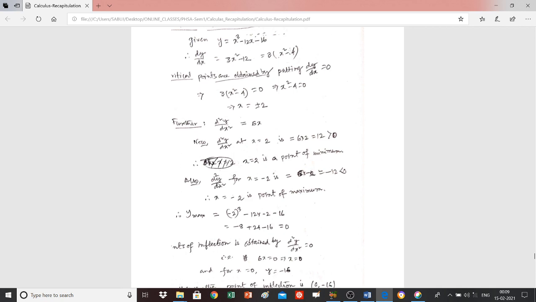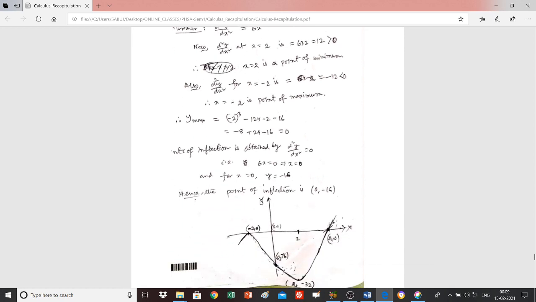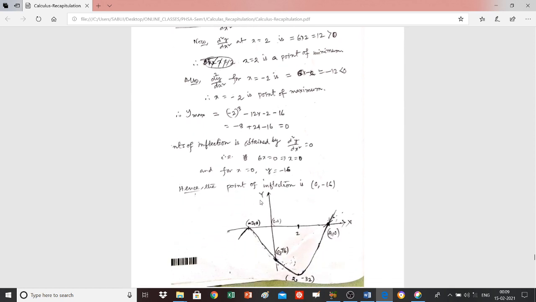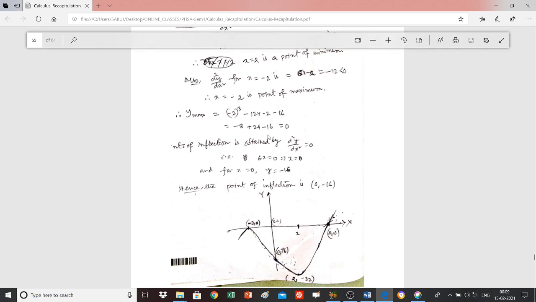Similarly, d2y by dx squared for x equal to minus 2 is minus 12, which is less than 0, so x equal to minus 2 is the point of maximum.